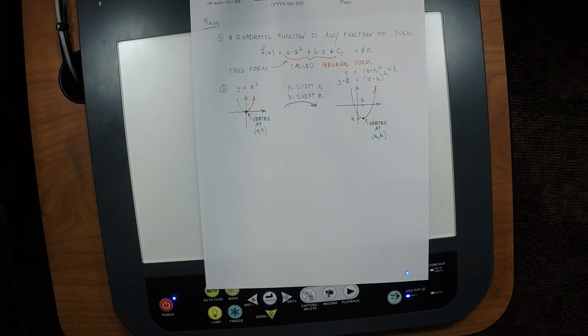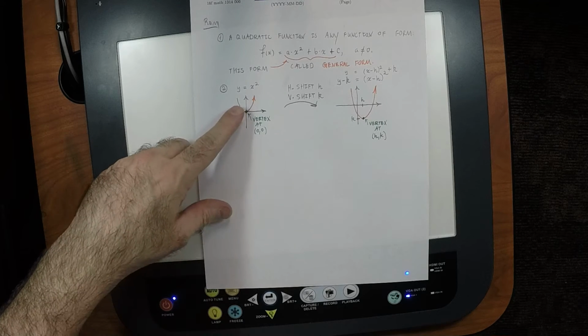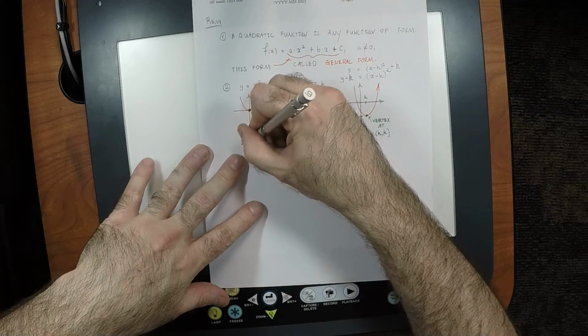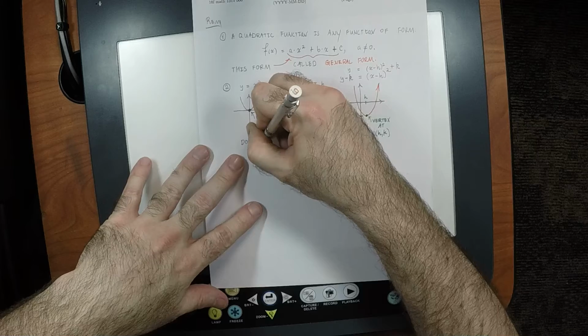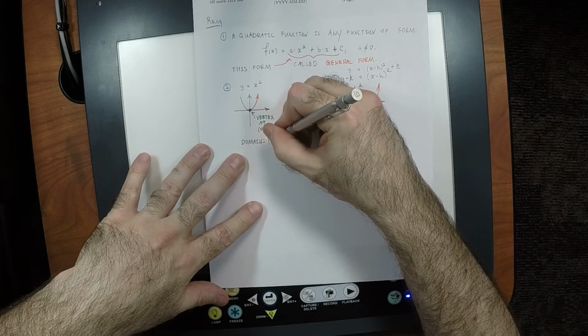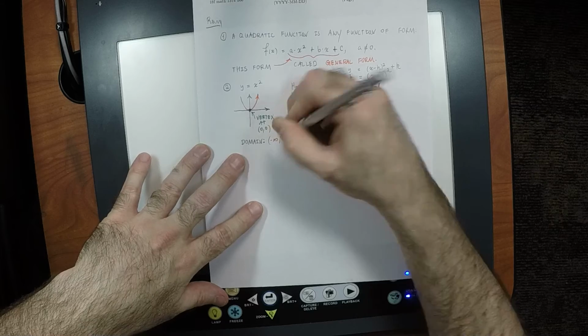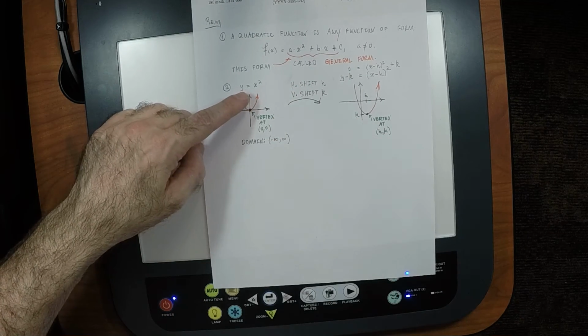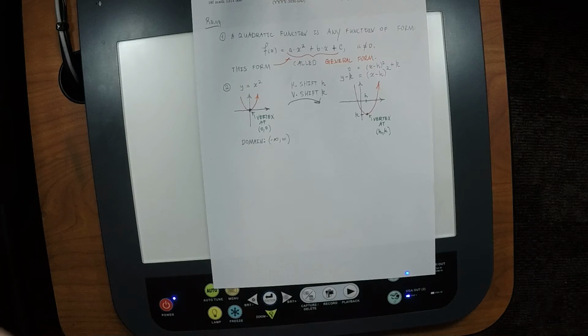Okay, so I have a question. Concerning this parabola here, what is its domain? All reals. So that's asking what x's can you plug in? Well, all of them. Alternatively, you could ask the question like this.